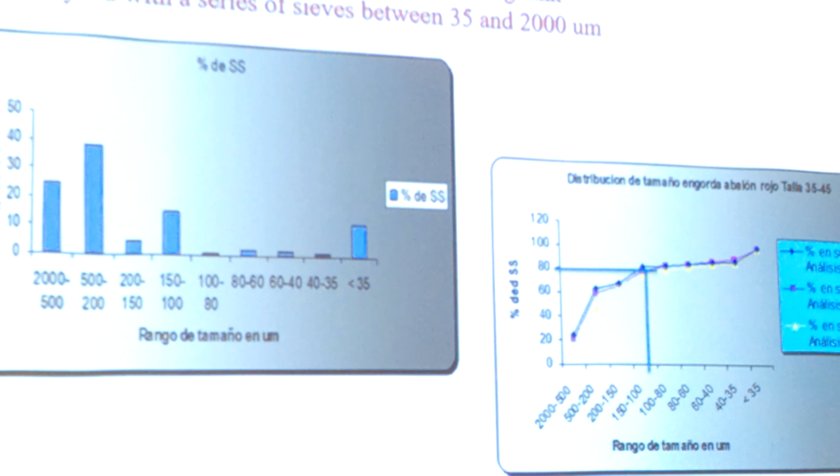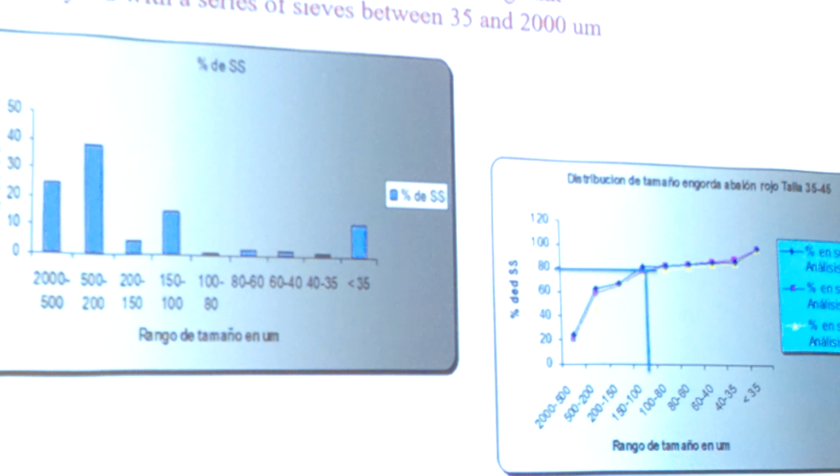If we use 100 micron, about 80%. But any screen smaller than 100 micron will not increase the efficiency of your device, so there is no need to go to a smaller screen. Now we can say that because we know what solids we have. But before that, you are just guessing.